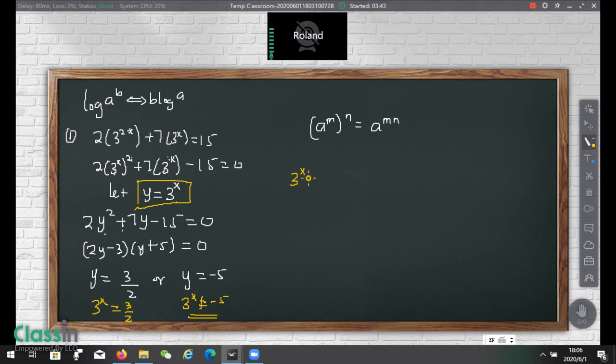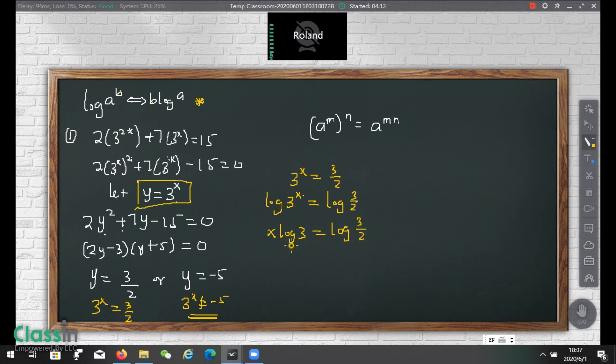If 3 to the power x is 3 over 2, we can find log of both sides. If we take log of both sides, we have log of 3 to the power x being log of 3 over 2. If we apply this law, log of a to the power b is b log of a, so log of 3 to the power x is simply x log of 3, and that is equal to log of 3 over 2.